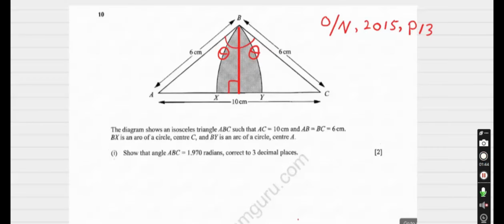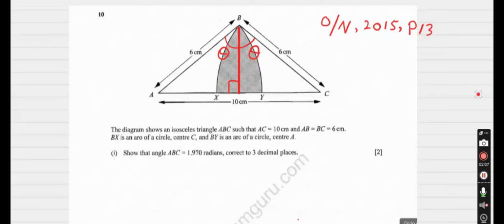When we draw the perpendicular from the middle vertex of an isosceles triangle, this perpendicular splits the whole angle into two equal parts. Also, the foot of the perpendicular splits the line AC into two equal parts.